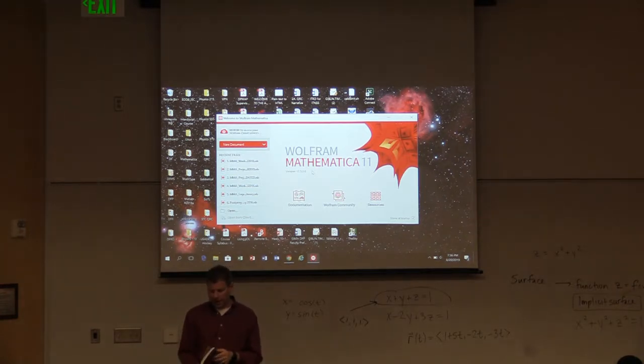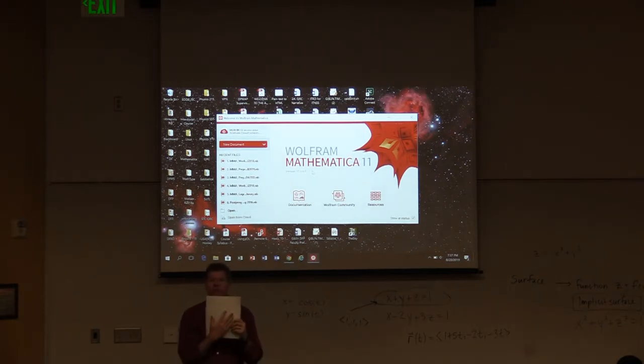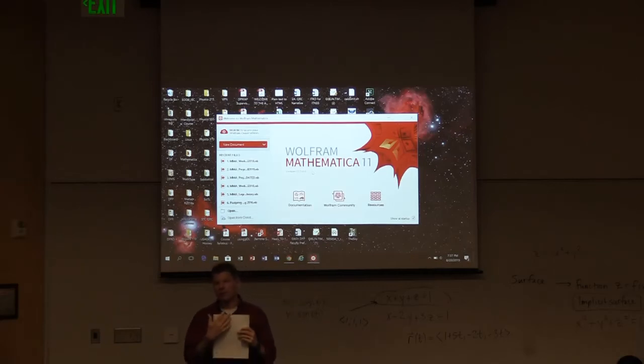The basic file structure is called a notebook. If you open this notebook, I'm open to a blank page. This is what you have in front of you if you have a pen or pencil in hand and a notebook on your desktop. So how does this piece of software mimic this?